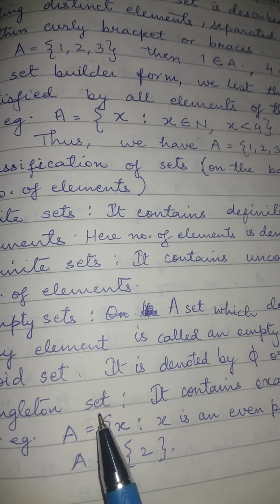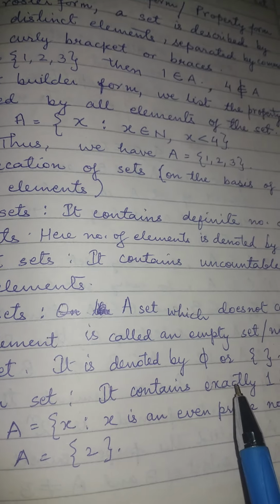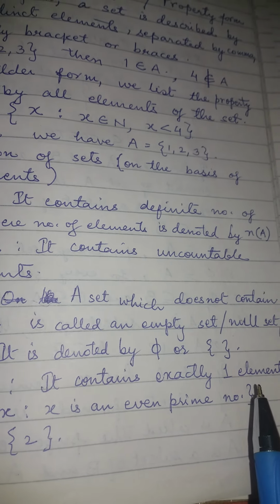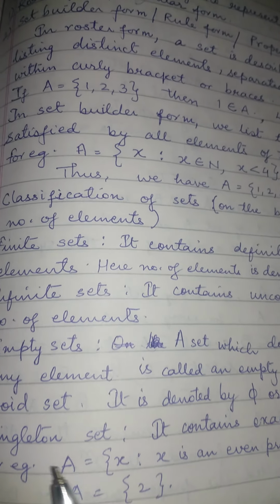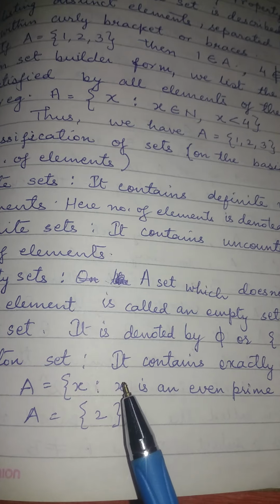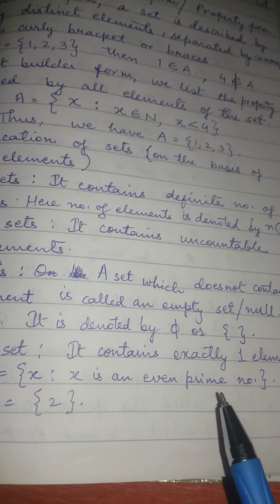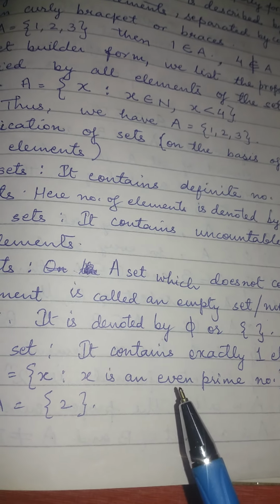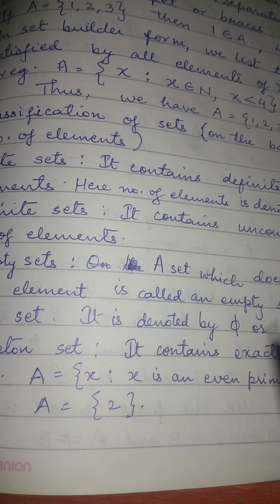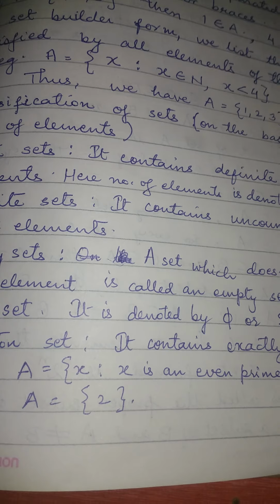A singleton set is a set which contains exactly one element. Suppose I say A is equal to {x such that x is an even prime number}. You know there is only one even prime number, so set A will be equal to {2}. This {2} is called a singleton set.